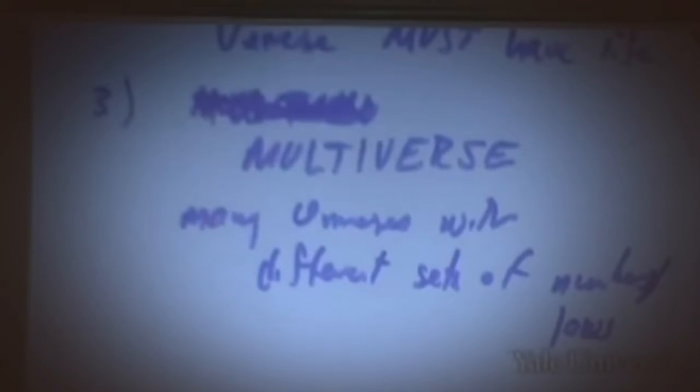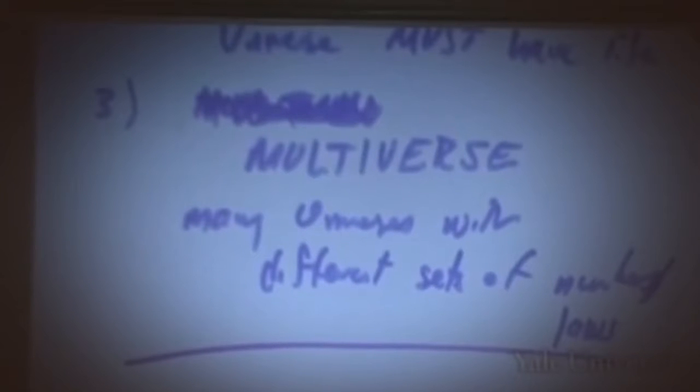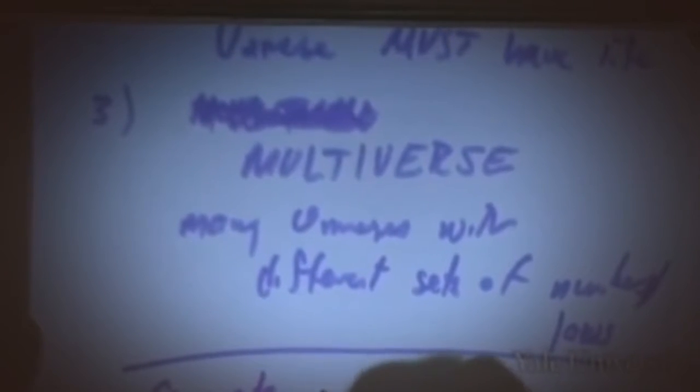Similarly, if there's lots and lots of different universes, each one with a different set of physics, what are the odds that we exist in one that allows us to exist? Pretty high. But the question is, where do all these universes come from? And so how do you generate many different universes? Why wouldn't you be satisfied with just having the one you've got?